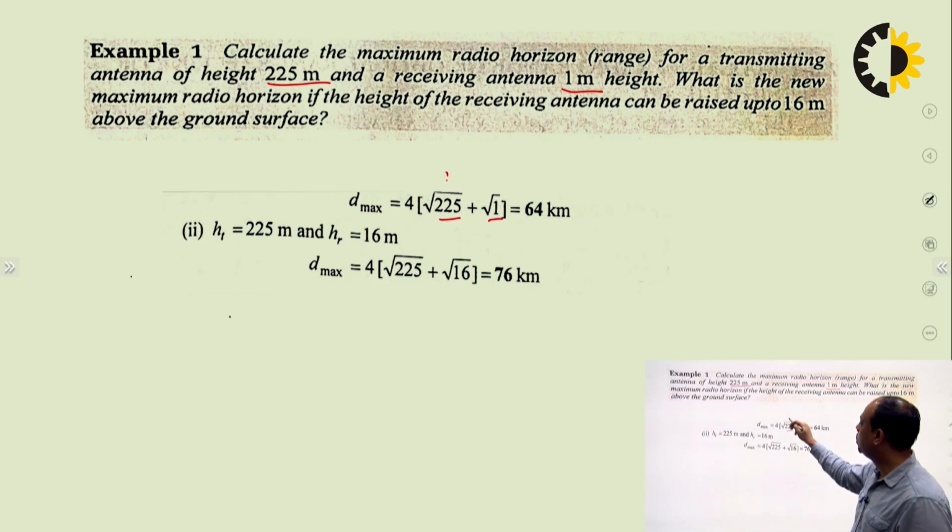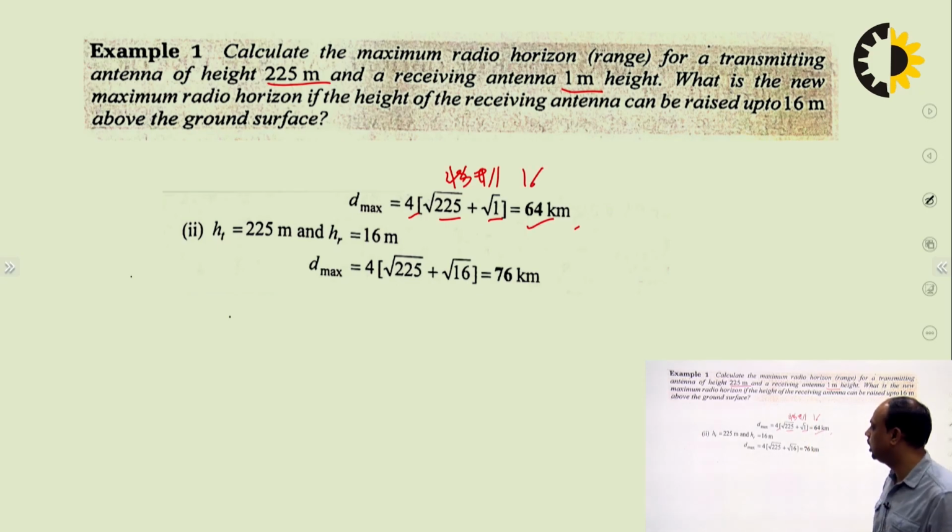So 15 plus 1, that is 16, times 4, that is 64 kilometers. So we can say that the signal can transmit up to 64 kilometers.